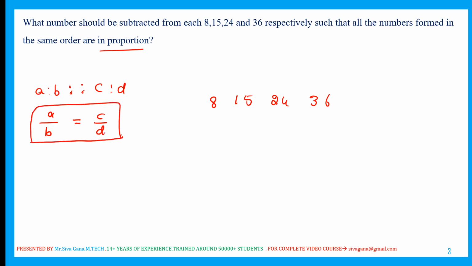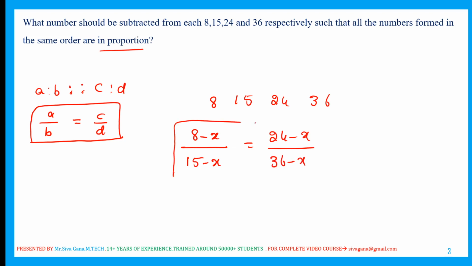For that, what do we need to subtract? Let us say I am subtracting x. The ratio 8 minus x, 15 minus x should be the same as 24 minus x, 36 minus x. What should be the value of x?